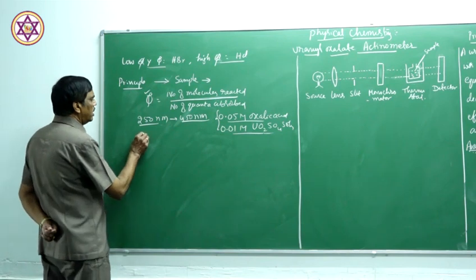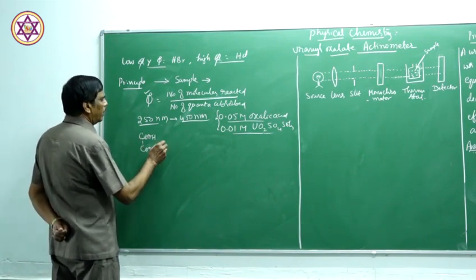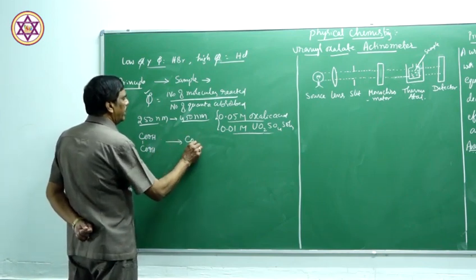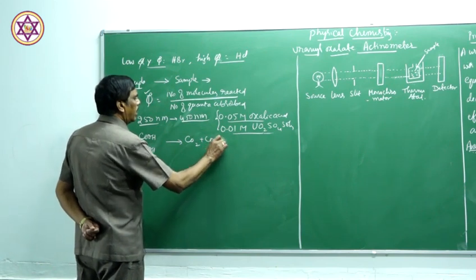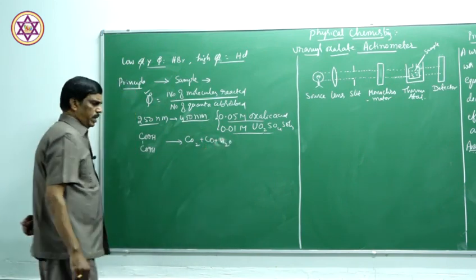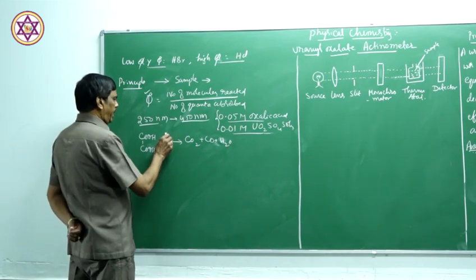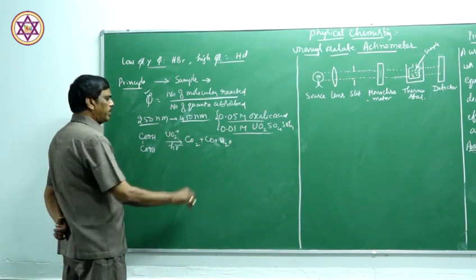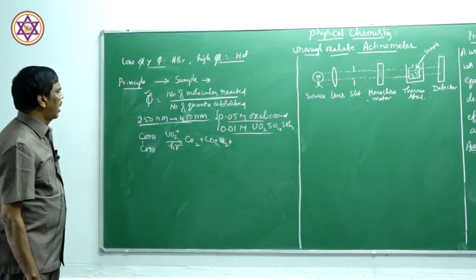When this oxalic acid undergoes photochemical reaction, it decomposes to form carbon dioxide, carbon monoxide and water. This is the decomposition of oxalic acid. It takes place in the presence of uranyl ion, which absorbs light radiation between 250 and 450 nanometers.